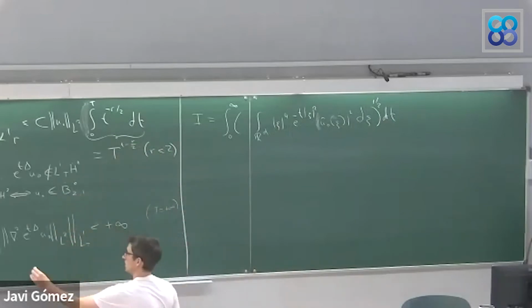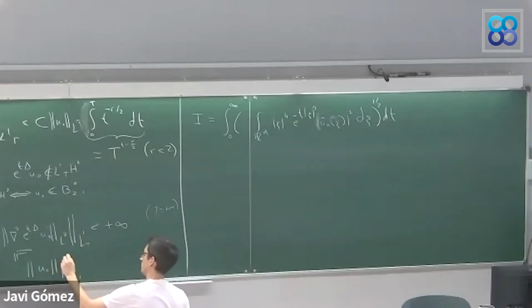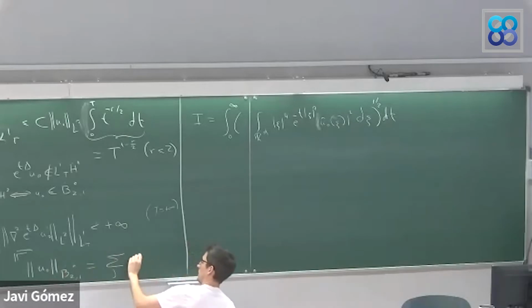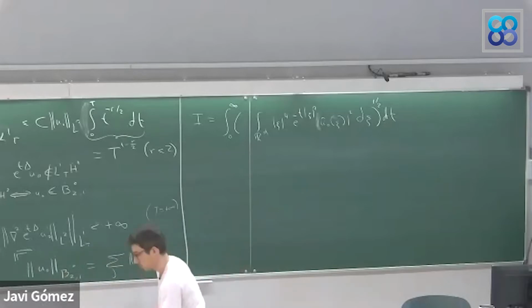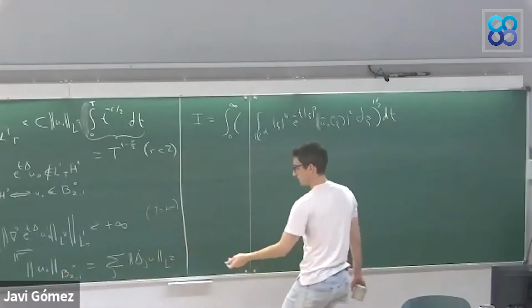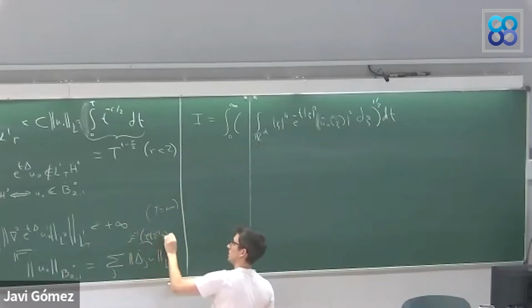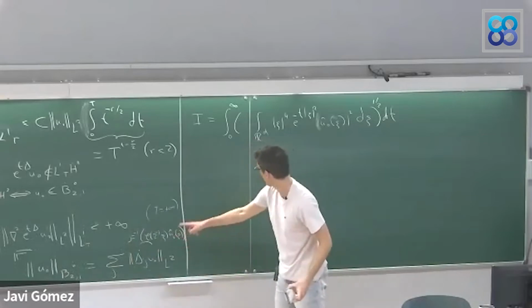Remember, this Bessel norm was the sum of the dyadic blocks in L2, so the sum in L1. And this was just the inverse Fourier transform. So I want this expression to appear here.